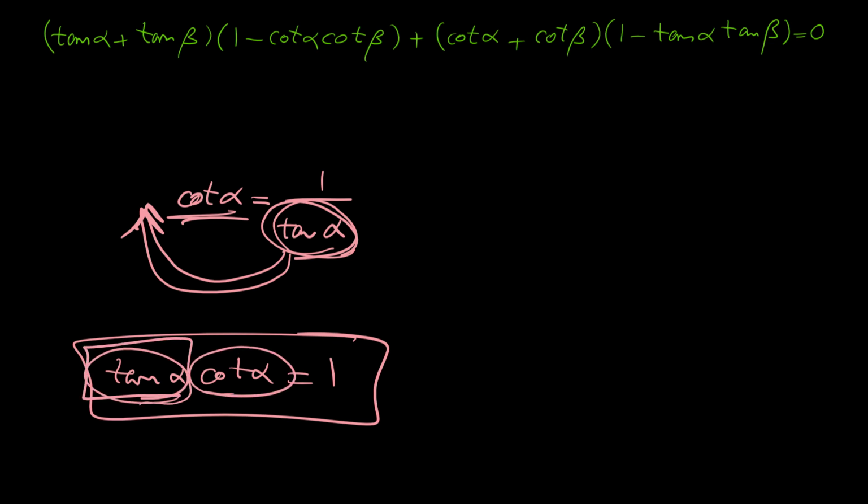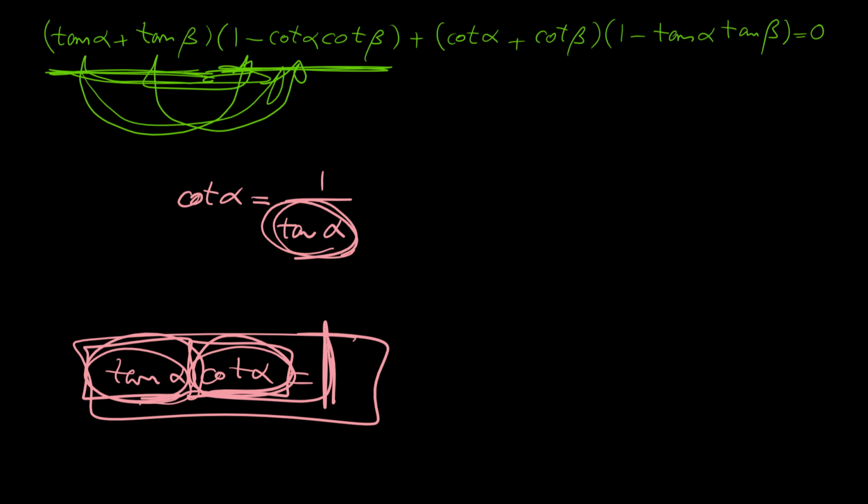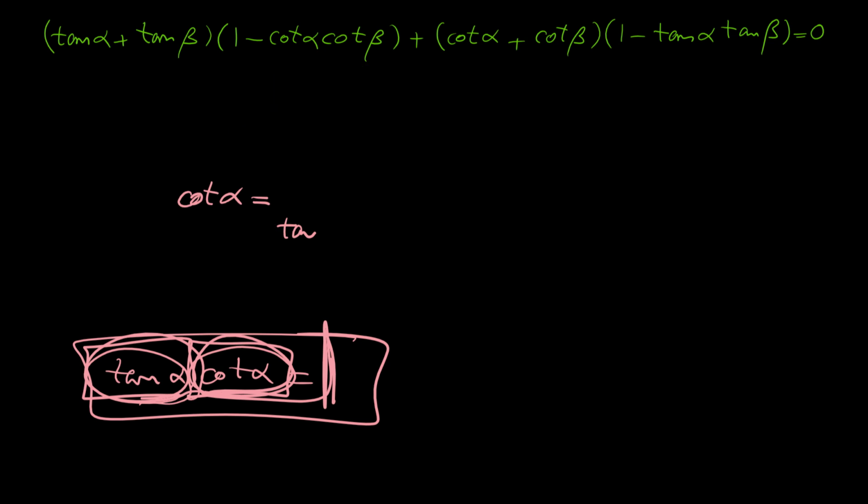When you multiply an expression by its reciprocal, the product is 1. And if you pay attention, in this bracket we have tangent, in the other bracket we have cotangent. So maybe it's not a bad idea to multiply the brackets by each other, and probably many terms cancel each other.